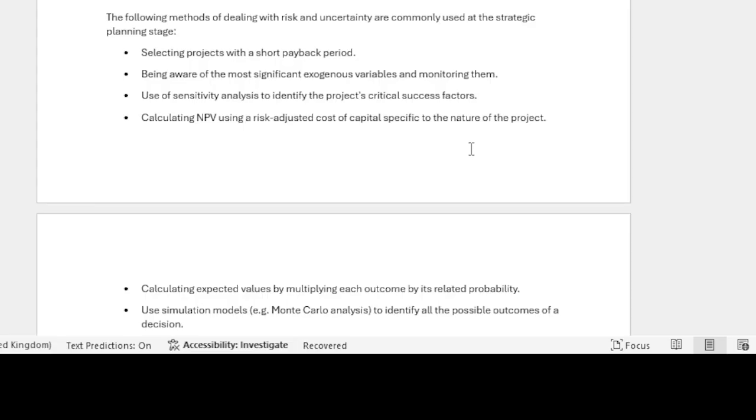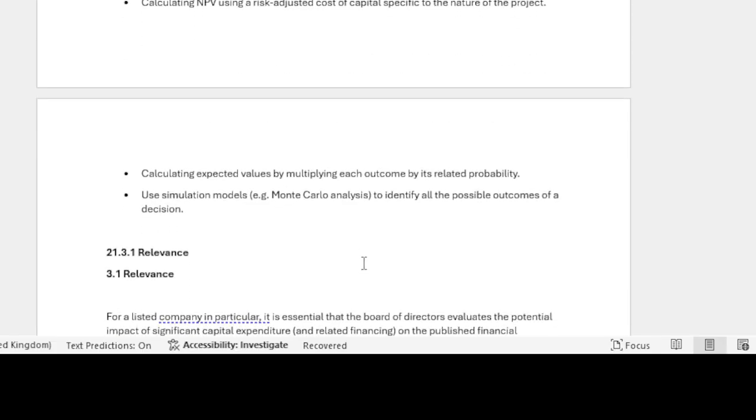We can also use it when calculating expected values, multiplying the outcomes by the probabilities of their likelihood to occur, and then in simulation models.